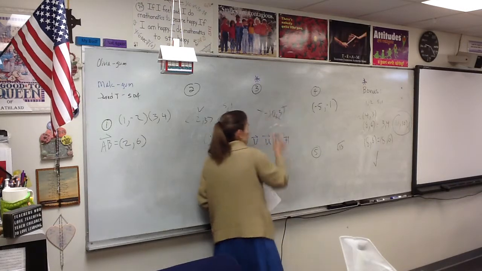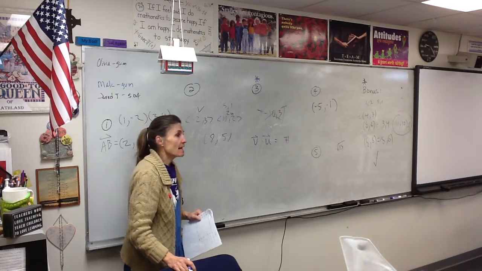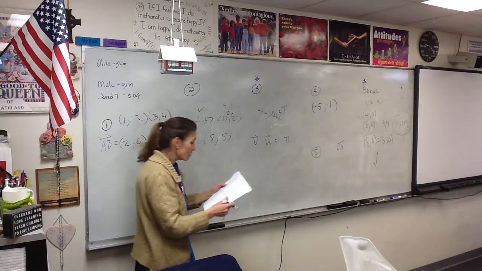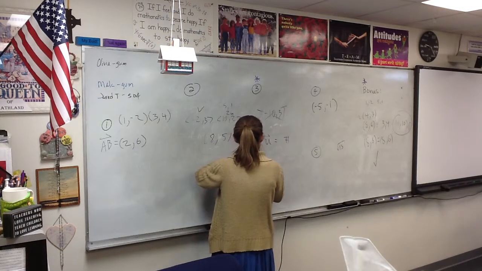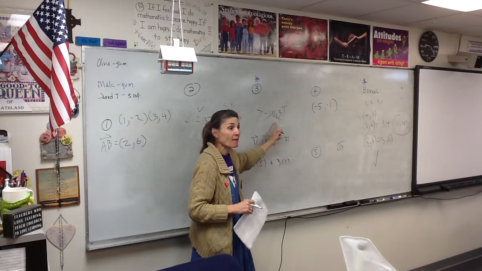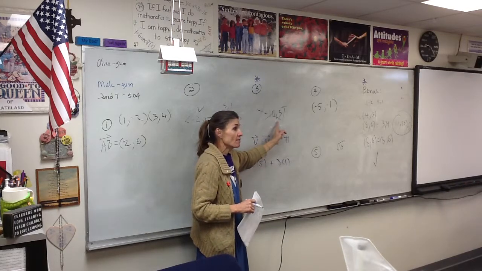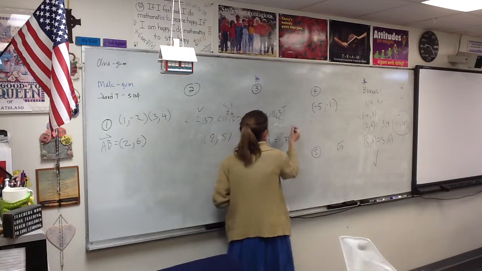This can't possibly be right, because the dot product is a number. Now, how do we get that number? We take -2 times 5, and we add 3 times 1. So they've got the right 2 numbers here, they just didn't add them. So the answer should be -7.